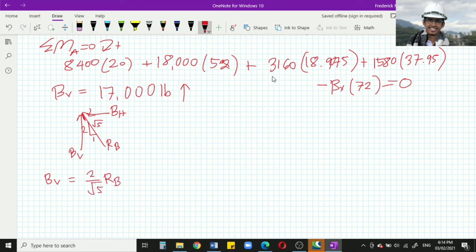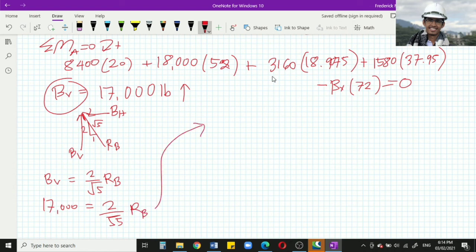So given yung, alam natin yung BV natin, makukuha natin yung RB natin. Okay. So BV is 17,000 pounds. So that will be 17,000 pounds is equal to 2 over square root of 5 RB.